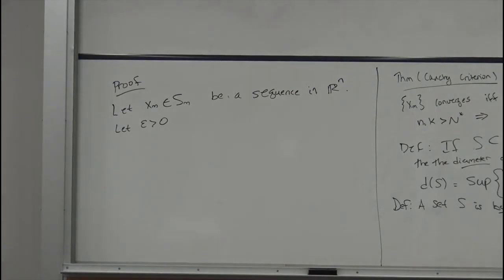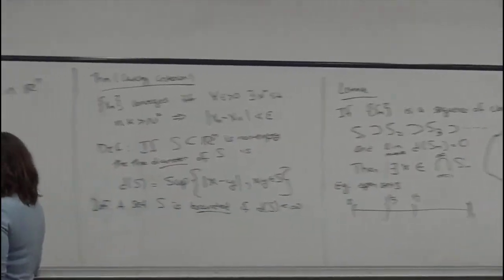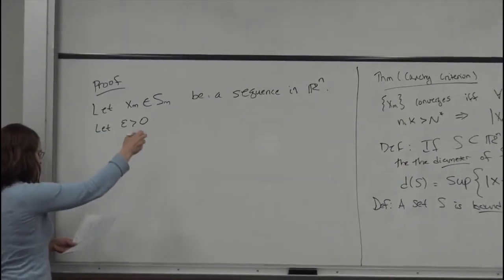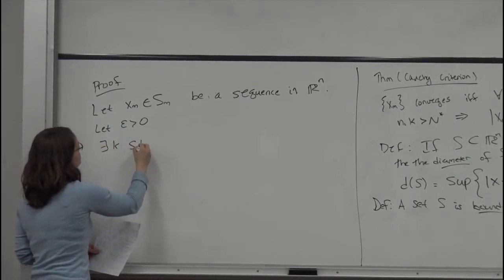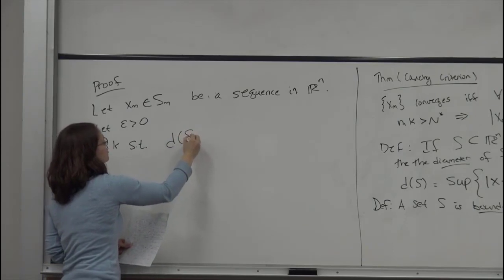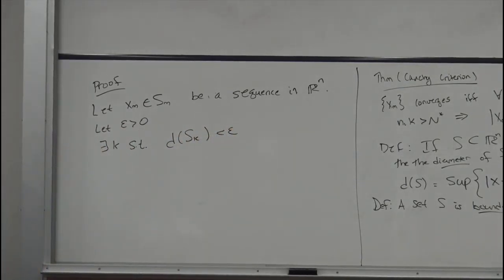The diameter can be made less than epsilon as long as we're far enough down the sequence, because the diameter goes to 0. So there exists some k such that the diameter of Sk is less than epsilon. We know that, because these diameters go to 0.